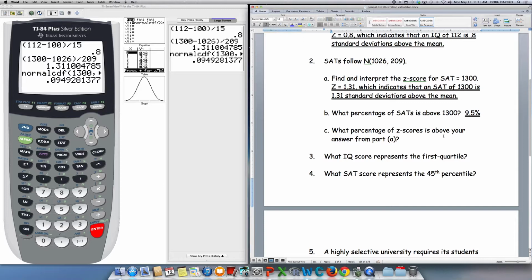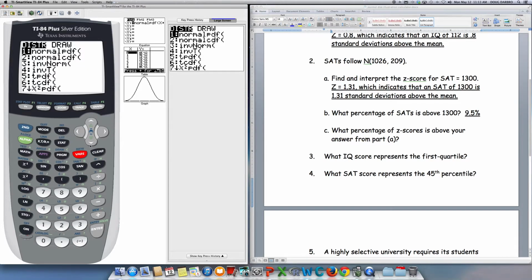Okay. Now, it's important that you let your students know that raw scores such as the SATs in this example and IQ scores are interchangeable. So what if we were to look at the same problem but look at it in terms of the distribution of z-scores?